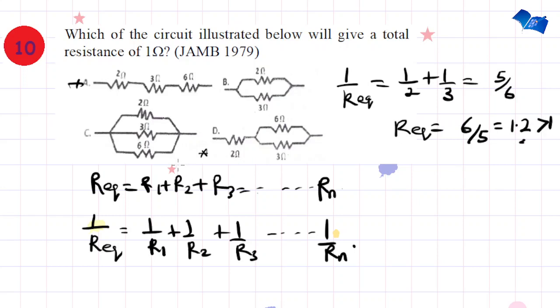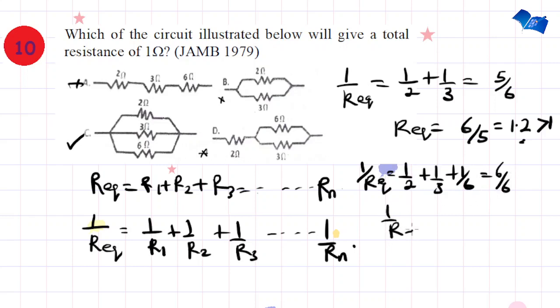So option B is also out. So the correct option should be option C, because 1 over R equivalent is 1 over 2 plus 1 over 3 plus 1 over 6. That should give us 6 over 6. So 1 over R equivalent is equal to 1, so R equivalent is also equal to 1. Straight to the point.